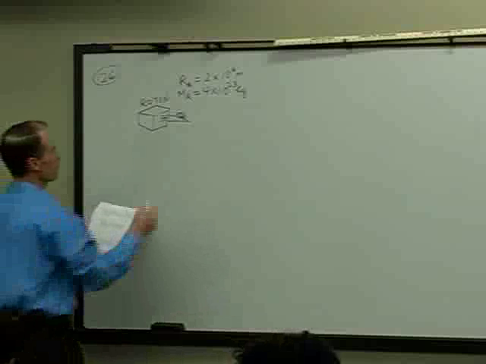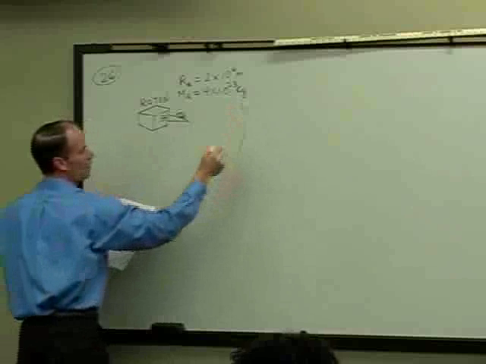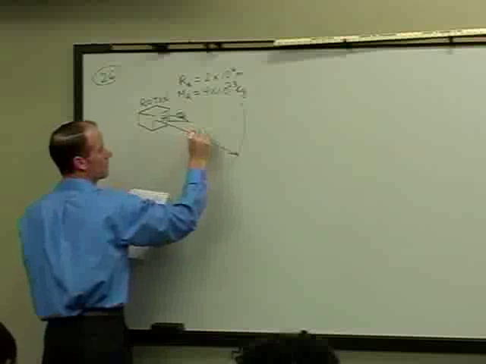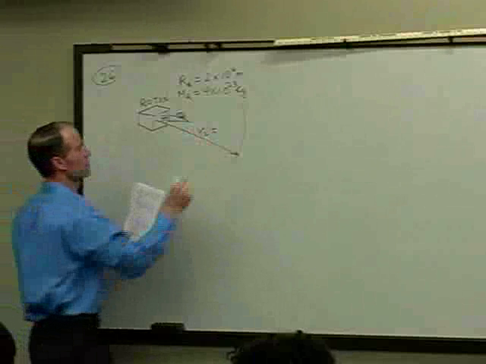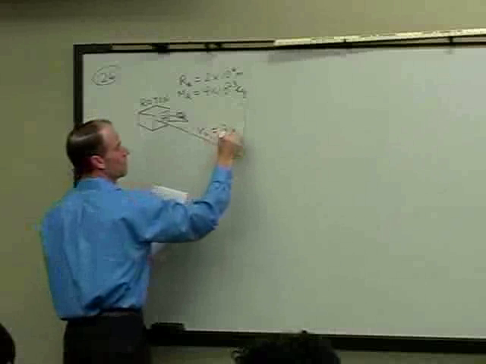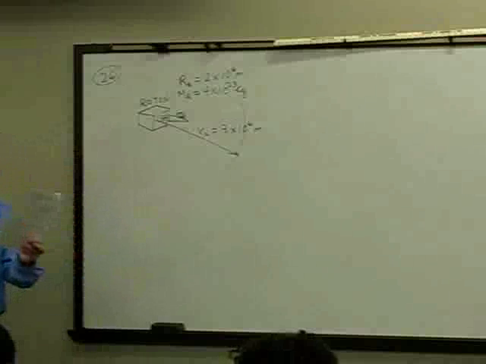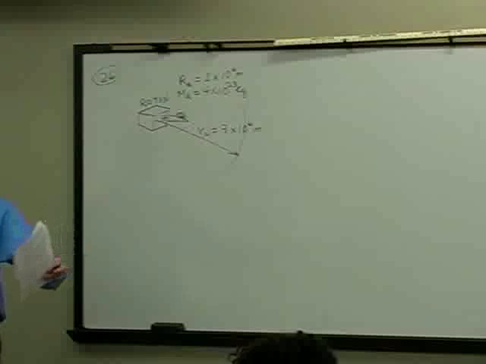And we want to start from the surface of Rotan, and we want to end up at some distance called R2 that's equal to 3 times 10 to the 6 meters. So this is not drawn to scale, because 3 times 10 to the 6 would only be 50% more than Rotan's radius away from the planet.